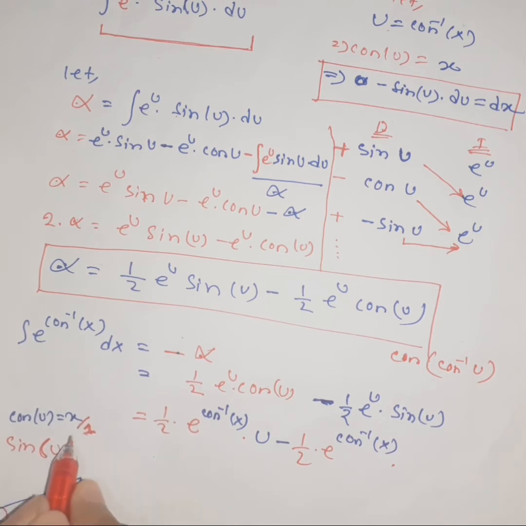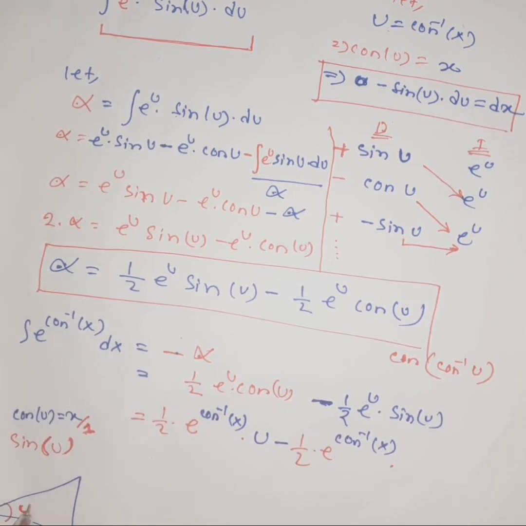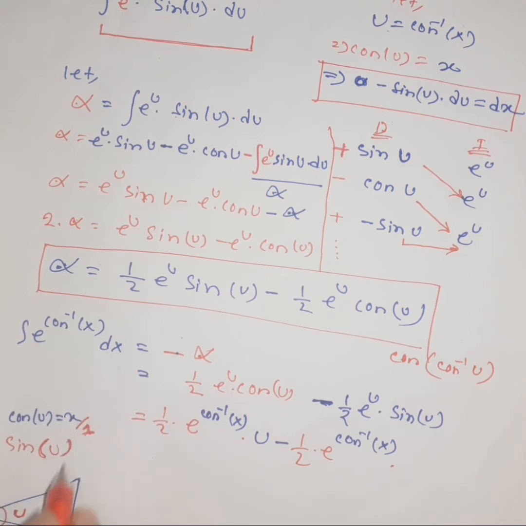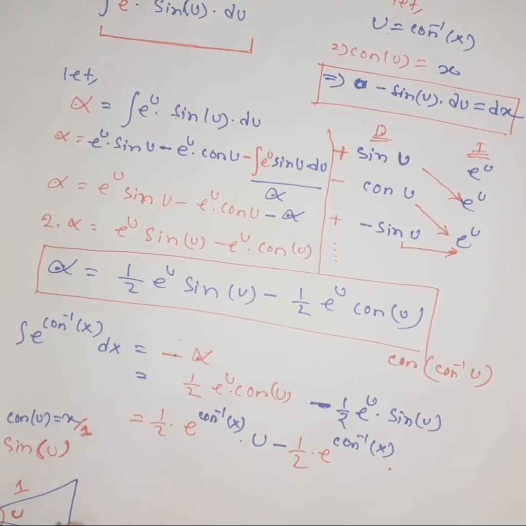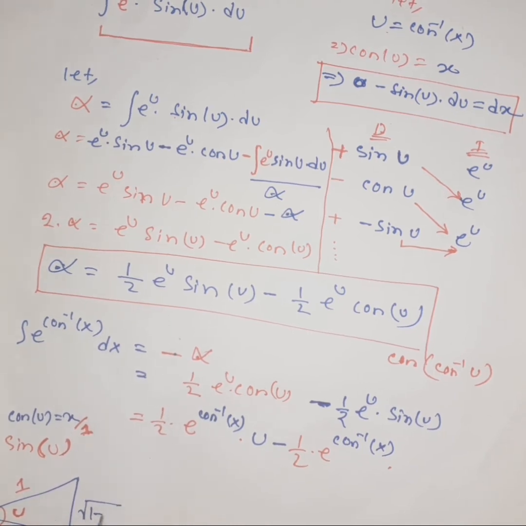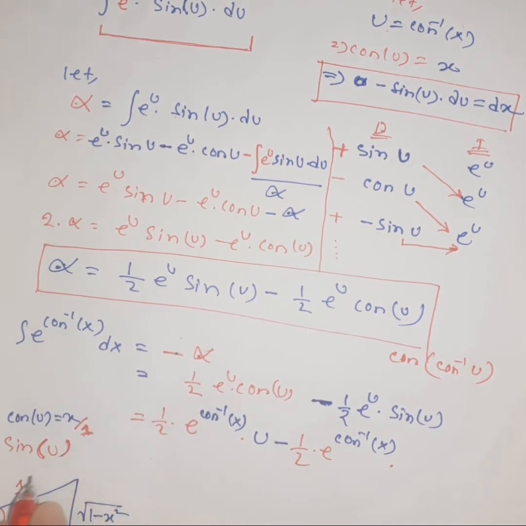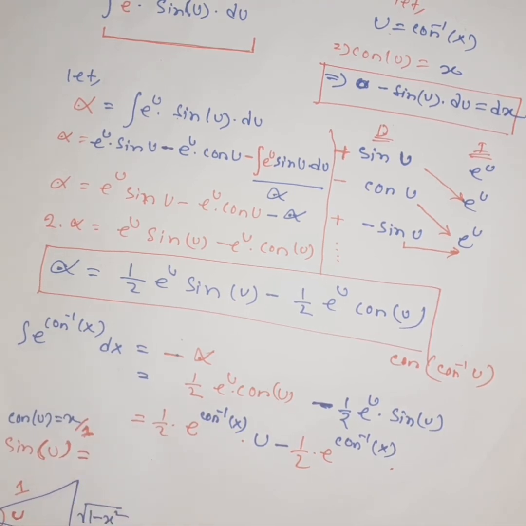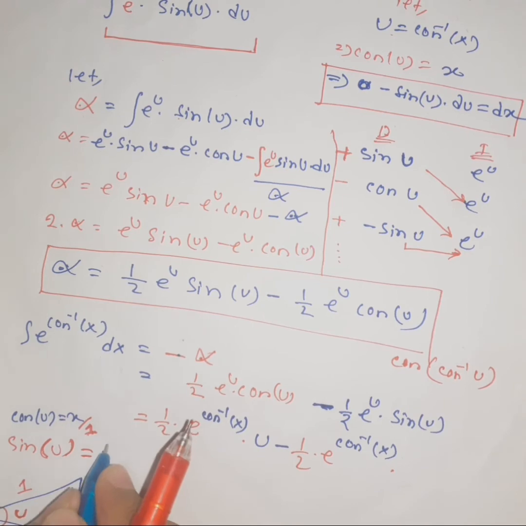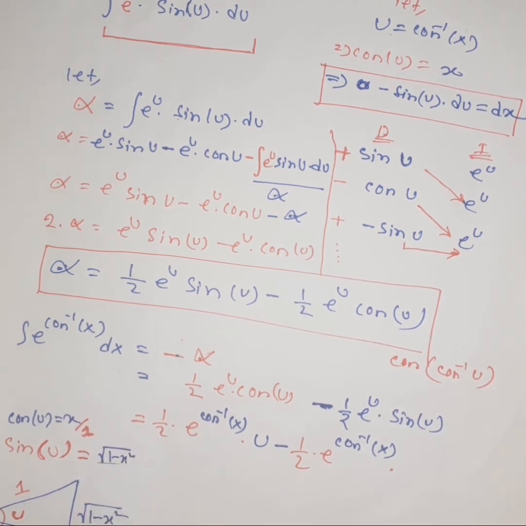So now if we want to plug in the value for cosine of u, this part will be x and this part will be 1. So this part is the square root of 1 minus x squared, right? Now we need to find the value of sine of u. So sine of u is equal to the square root of 1 minus x squared over 1, but we don't need to write that.